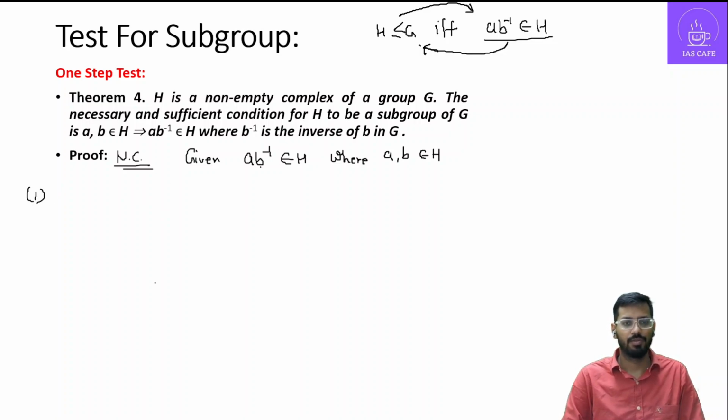Given that AB inverse belongs to H, so from this, if we take A and A belongs to H, then by this given condition, we can write A inverse should also belong to H. That means identity element E belongs to H. So first is identity element.